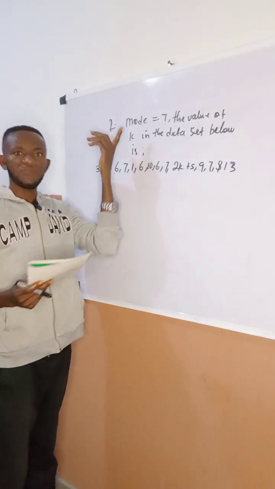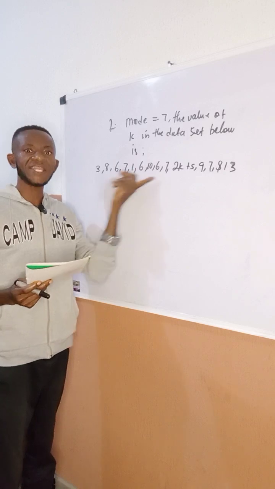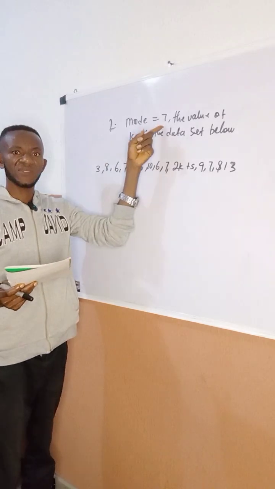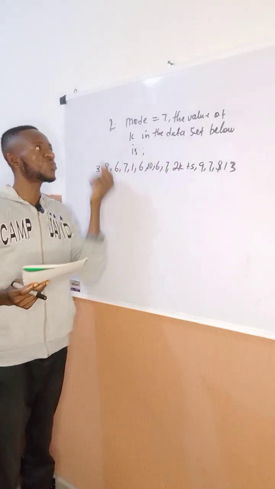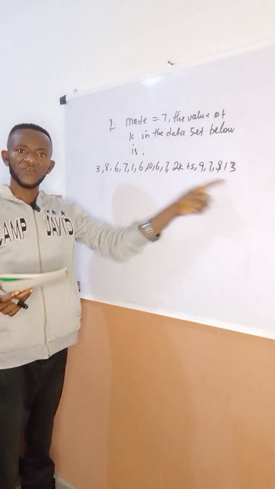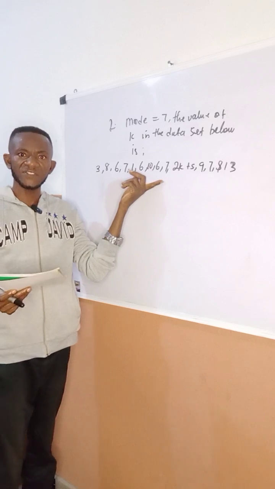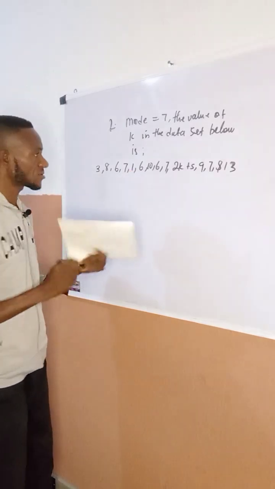We have prior information that the mode of this data set is 7. And we are required to use this information and obtain the value of k from this set of data. So the first thing we do here is write solution.